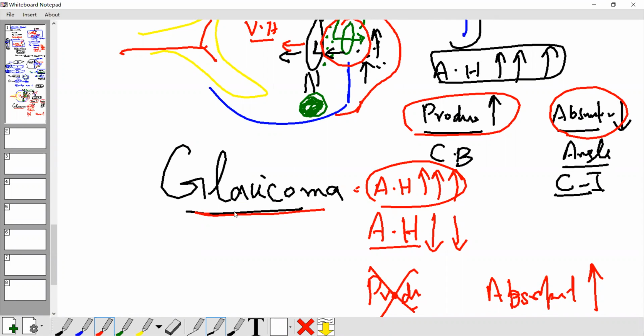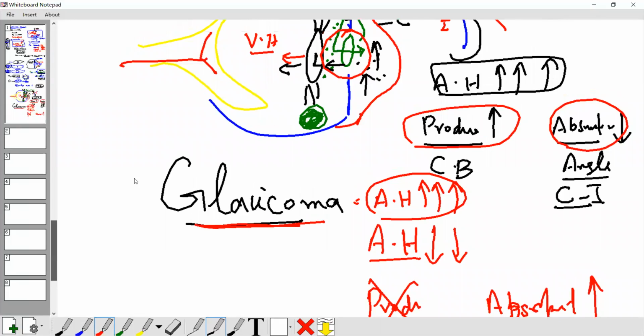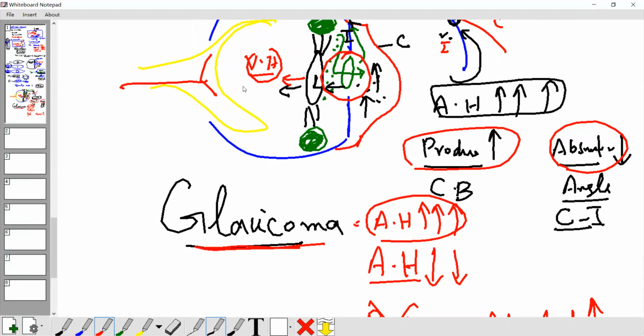This water puts pressure on the lens, the lens puts pressure on the vitreous humor, then pressure on the retina, and the retina dies. If the retina dies, blindness. Once the retina dies, vision does not come back, so it is permanent blindness for the whole life. Clear? So these drugs are very important for glaucoma.